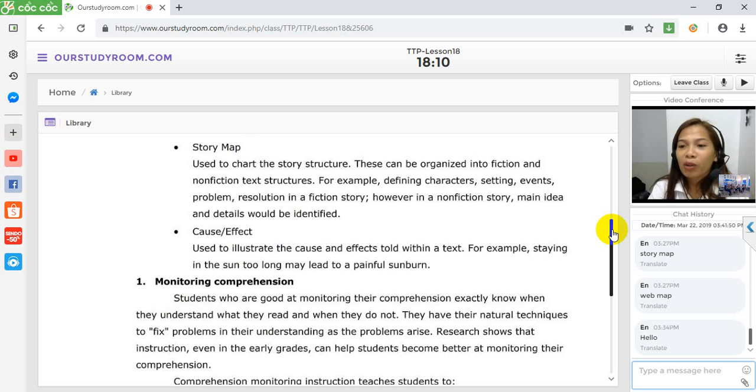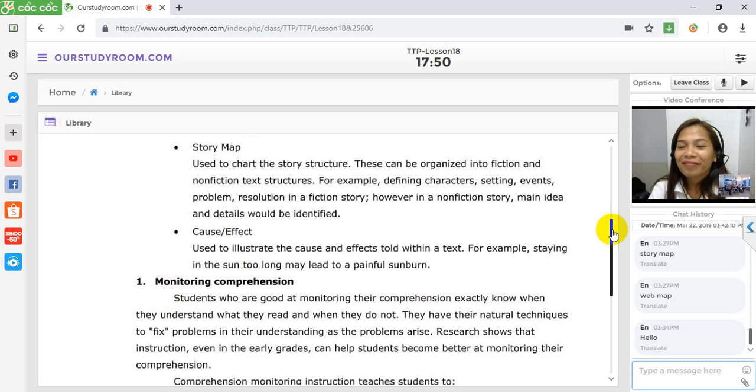And then while reading, I ask students to read the text and find some new words.